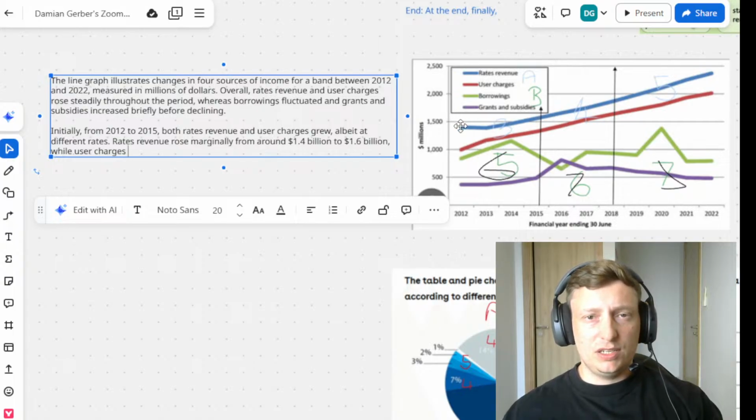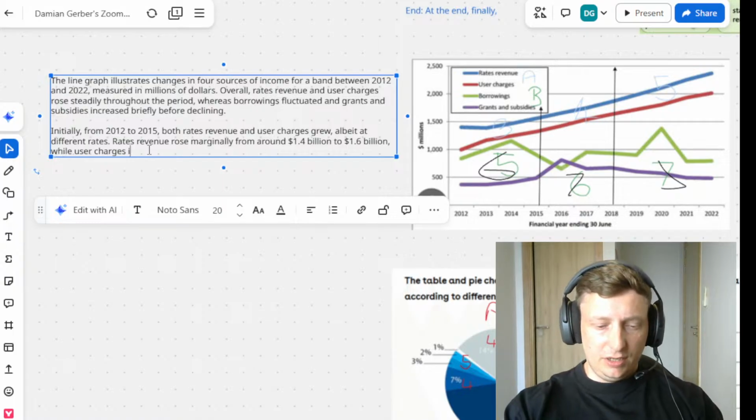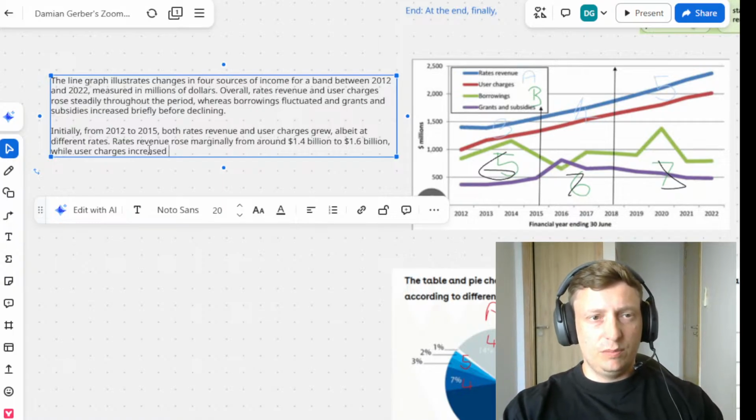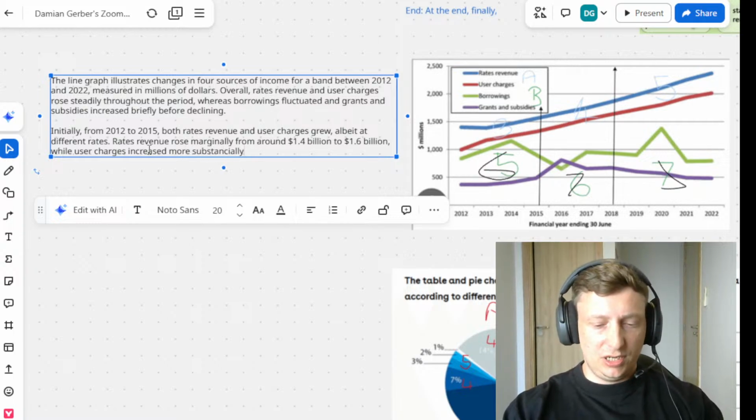We mentioned this first one was rising very slowly, marginally, and this one is definitely more significant. So we can say increased more significantly, more substantially. Let's go substantially. And then we just want to put the numbers, the data in again.